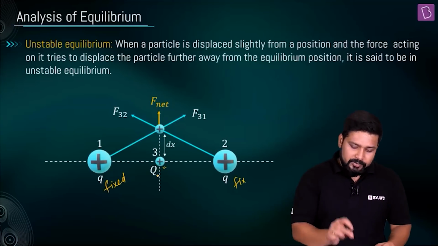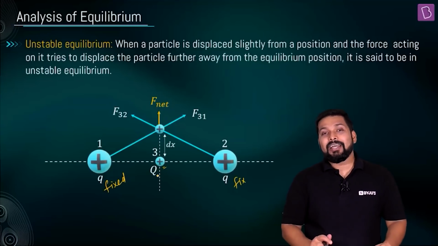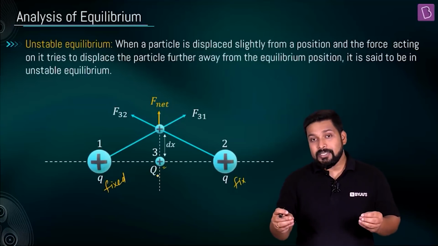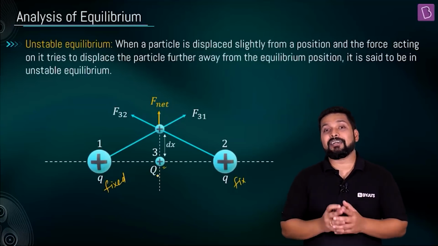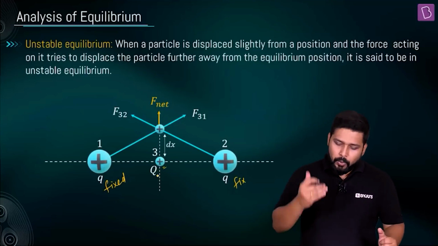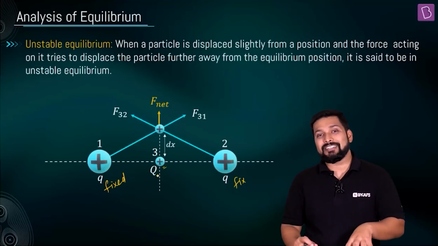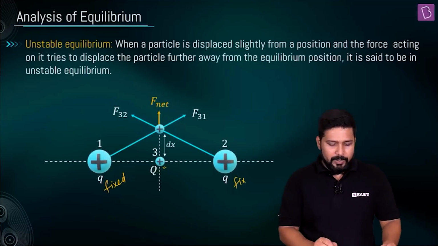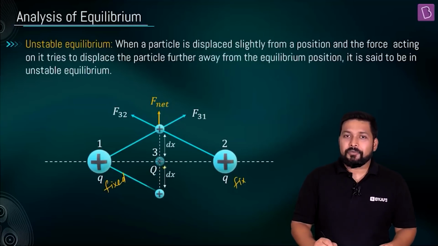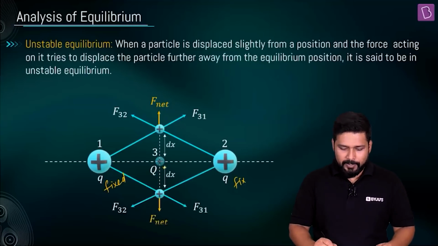If I introduce a positive charge in between, then along the line joining the two charges, if you displace it, it is under a state of stable equilibrium, while if you displace it perpendicular to the line joining the two charges, it is under a state of unstable equilibrium. No problem. So we discussed that, we have checked that out, no problem at all.